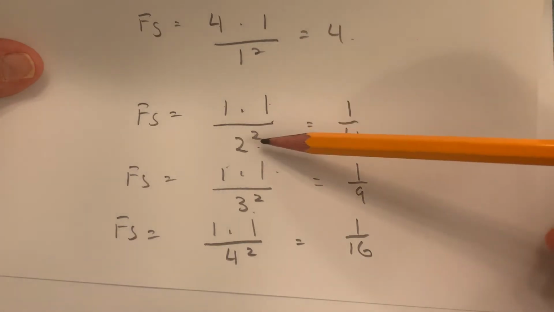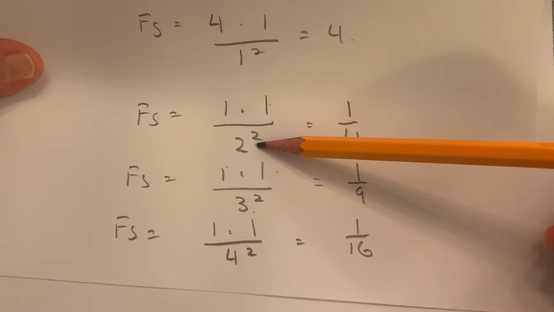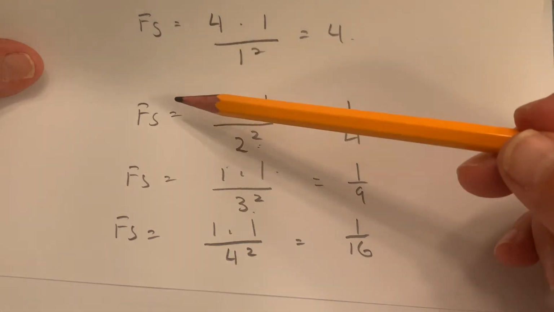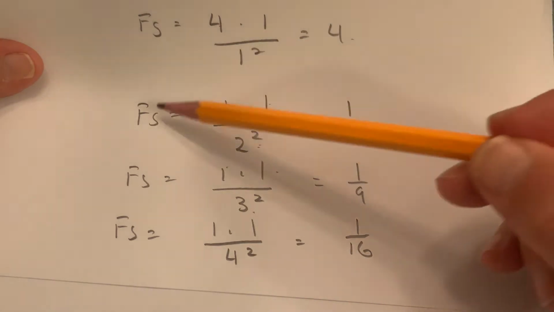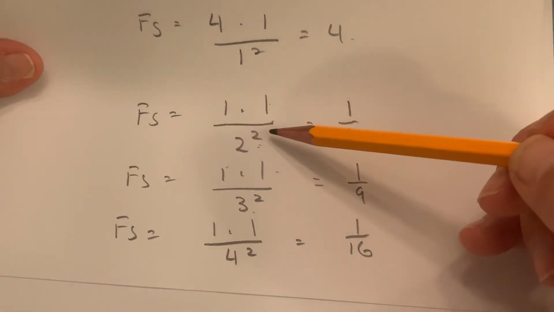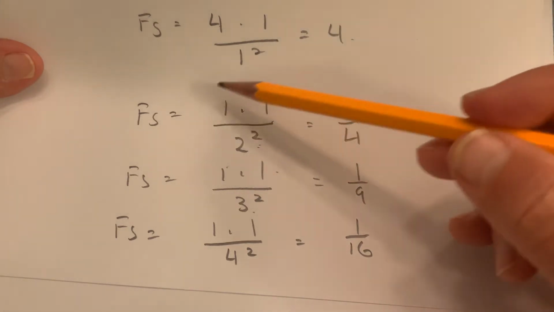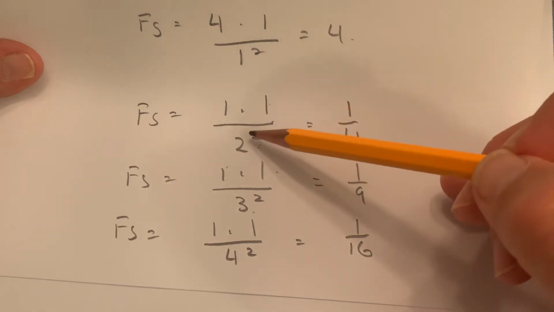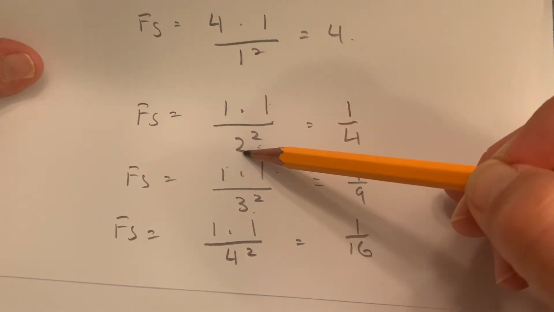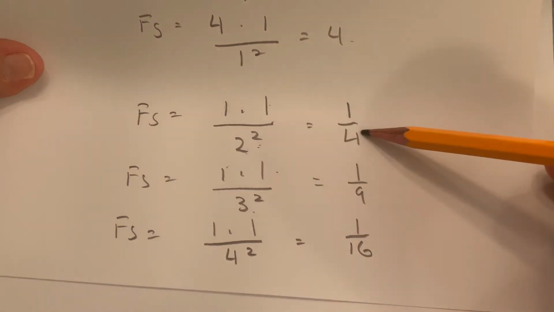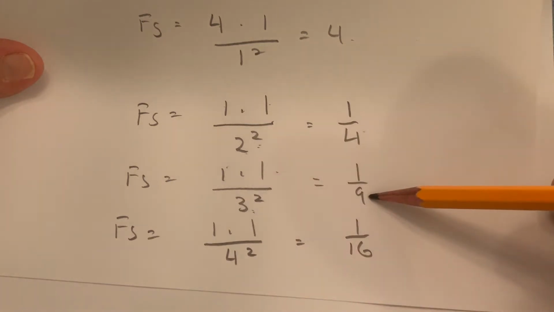So we see if you increase the denominator, it will decrease the answer. So that's an inverse proportion. And it has a square, so we call that the inverse square. And so if we double it, it becomes 4 times less. If we triple it, it becomes 9 times less.